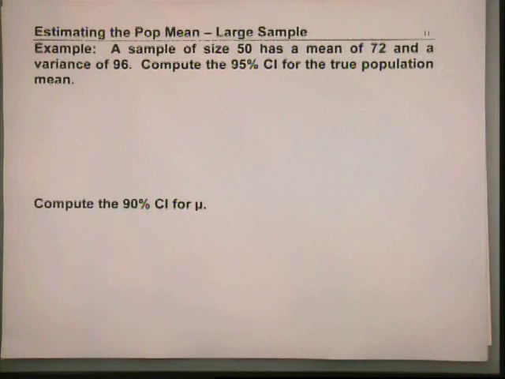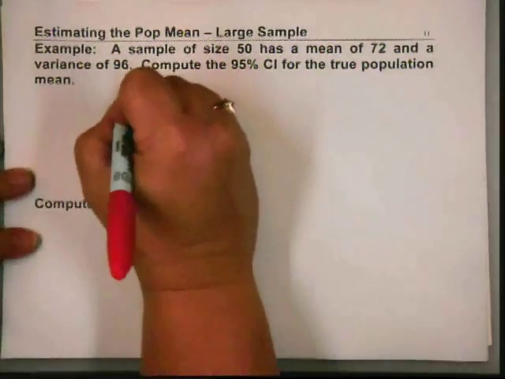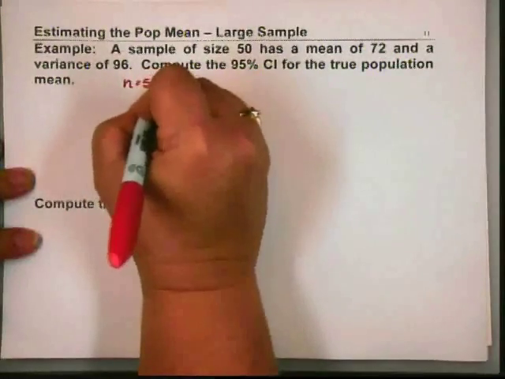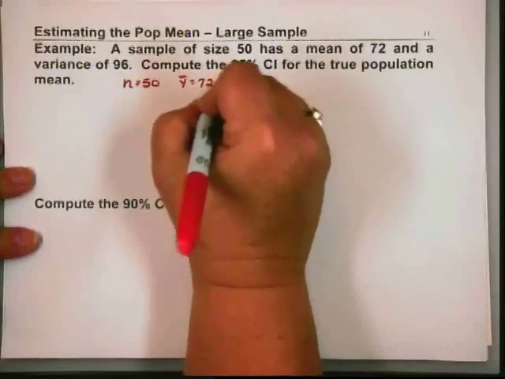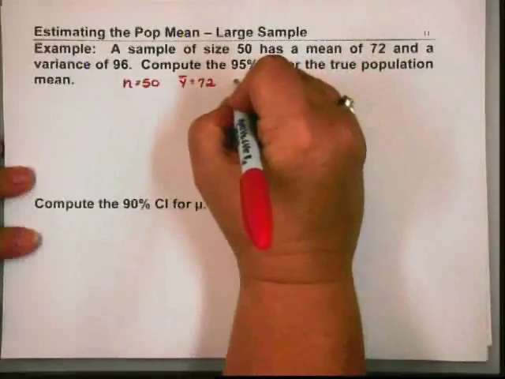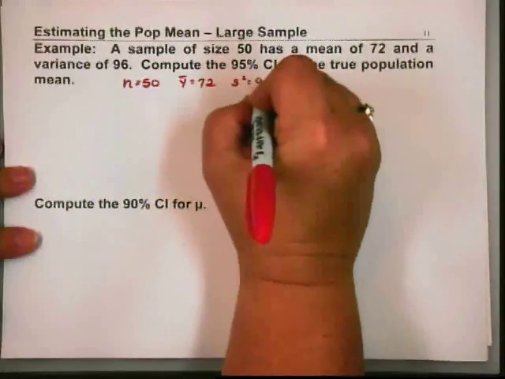An example: we have a sample of size 50 that has a mean of 72 and a variance of 96. Compute the 95% confidence interval for the true population mean. Okay, so we have n equals 50, y bar is 72, and variance s squared is equal to 96.